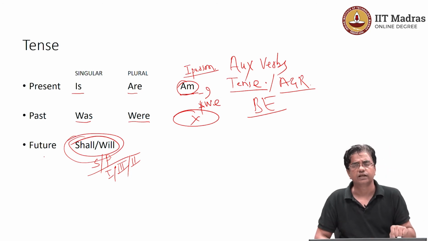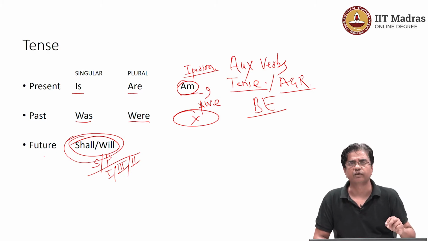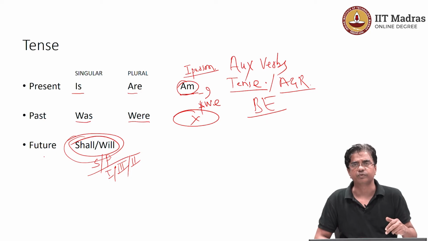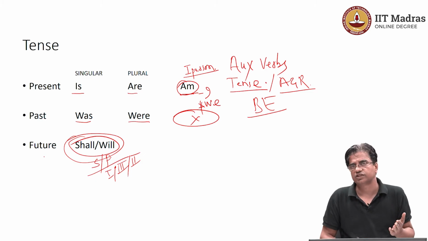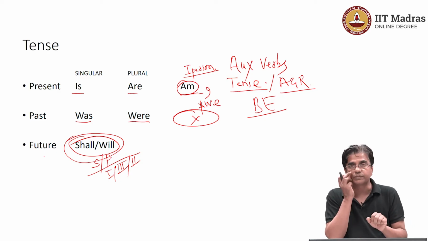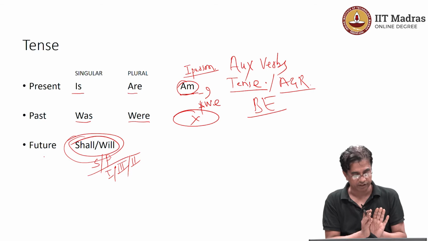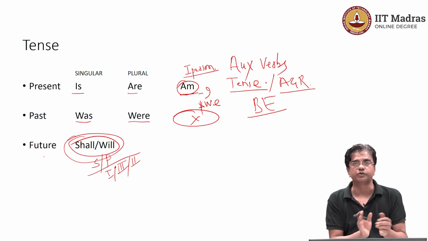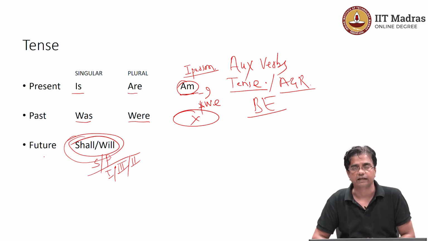A footnote here, there isn't any distinction between shall and will in modern English. Probably there was a way to make the distinction between the two in older English, in ancient time, but we can use either one of the two interchangeably in modern English as we see it in different uses. So if you keep this much of picture in mind, then you understand the distribution of tense marking in English.